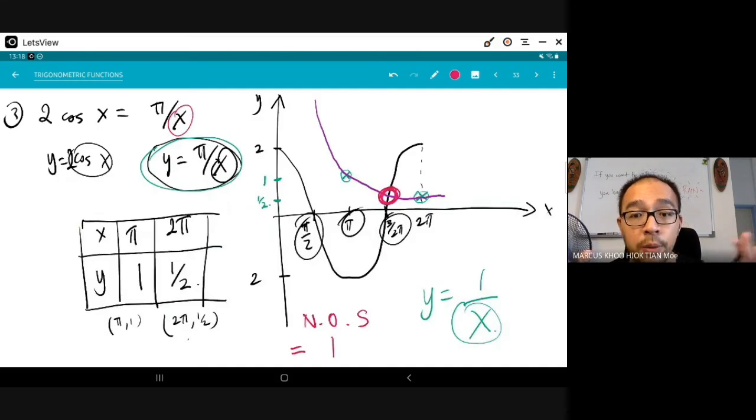Be aware of that, but the process is still the same: you find the number of intersections and that is the number of solutions. Remember, our aim today is to find how many places they intersect. We're not interested in the value. I just want to know how many solutions there are altogether.